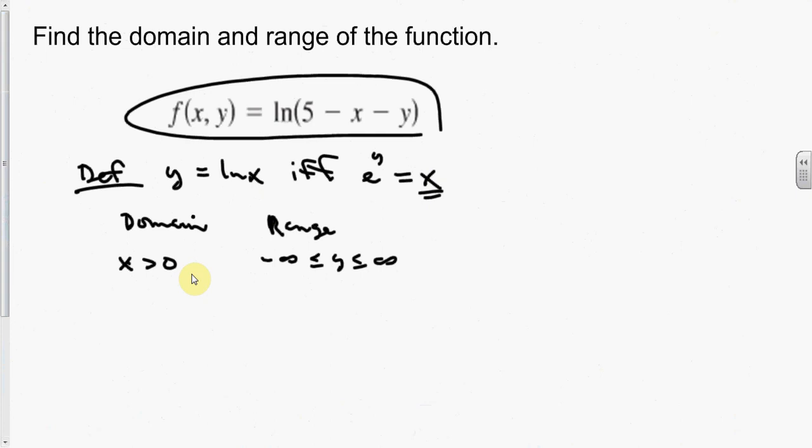So if that be the case, then that also means for this function at hand, my domain, these guys right here, 5 minus x minus y, would represent this x here. So this term here has to be greater than 0. So for our domain, we have 5 minus x minus y is greater than 0.